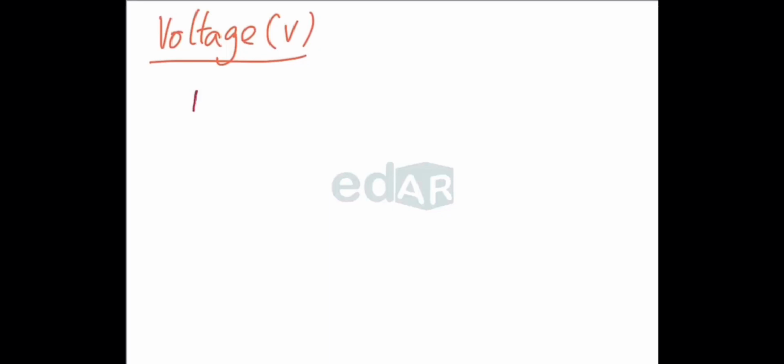Let's call one point P, which is here, and there is another point N, which is here. And let us say that the voltage of P, the potential at P, which I'll call Vp, is greater than Vn, that is the potential at N, right?